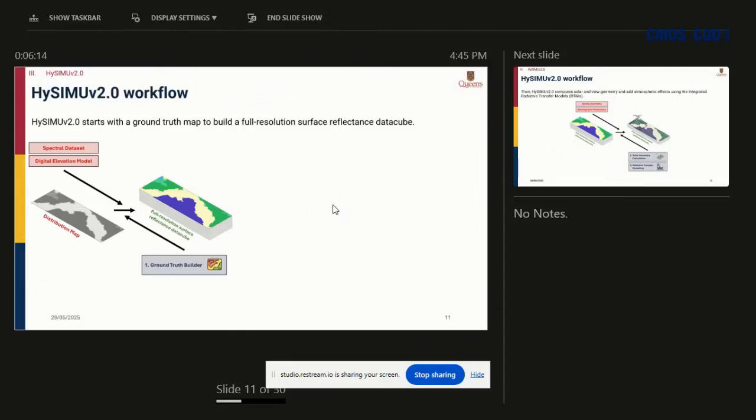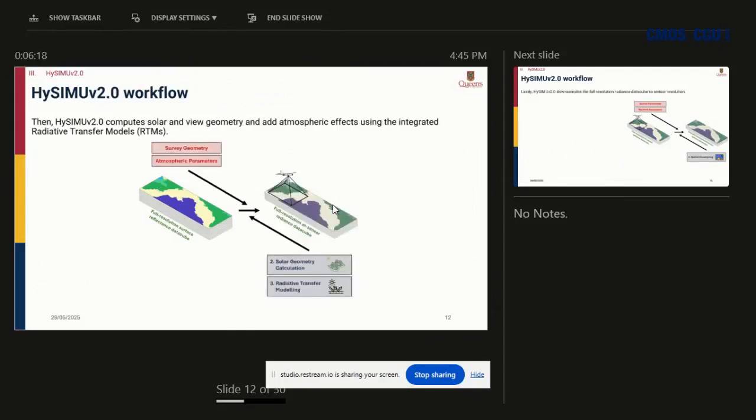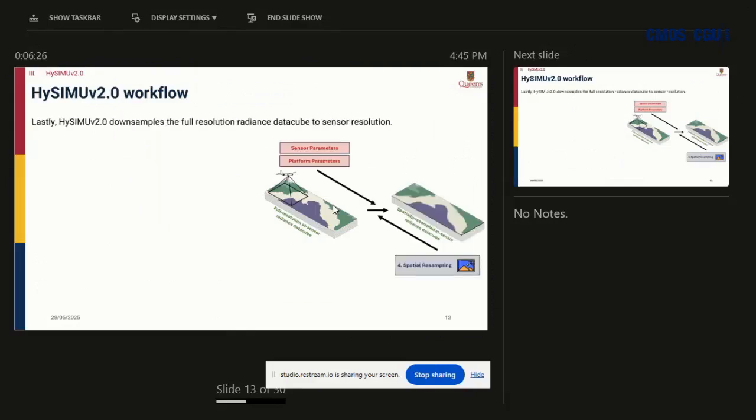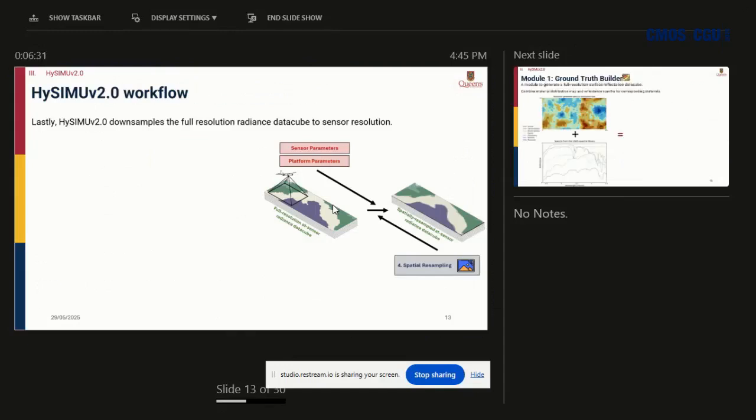Then this full resolution data cube will be transformed into a full resolution radiance data cube that has atmospheric parameters included in it. The next step is to downsample the full resolution data cube to sensor resolution, because we're talking about a remote sensing system, so there is a difference in the resolution at the surface and at an altitude.